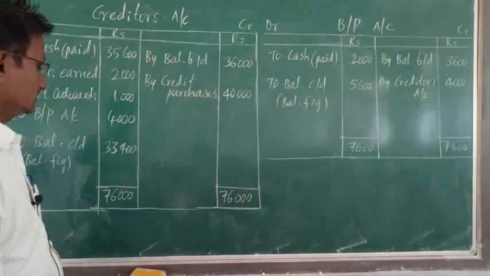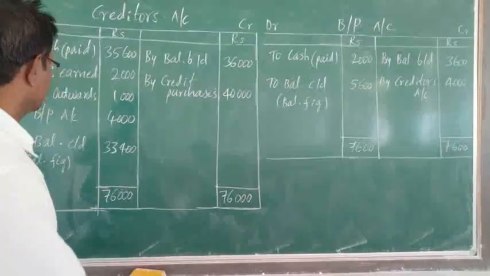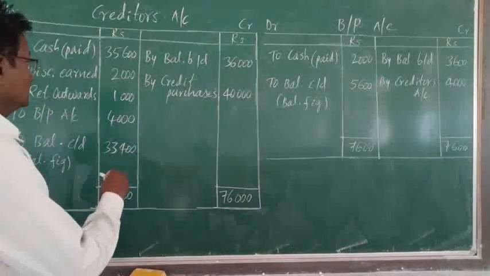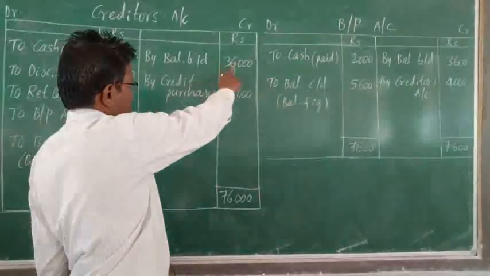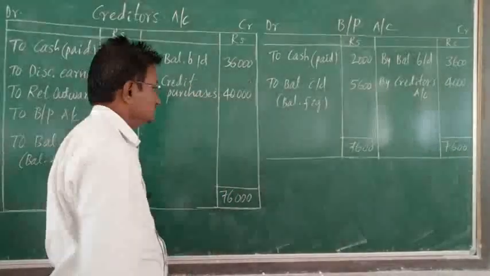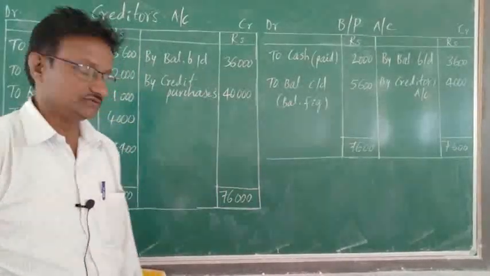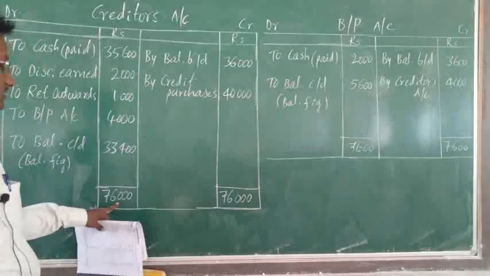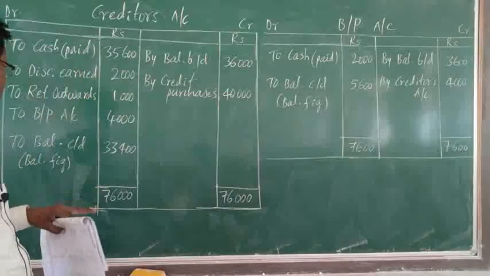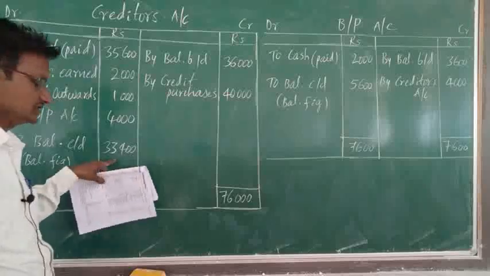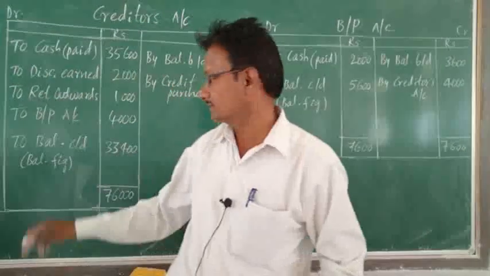Next, close the creditors account. Here the total on the credit side is 36,000 and 40,000, that is 76,000. From 76,000 all debit entries are deducted and the balance is 33,400.